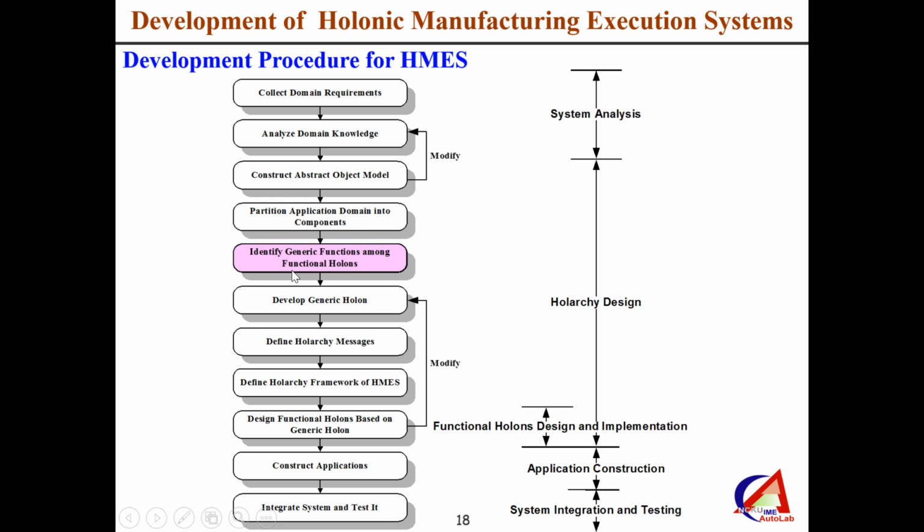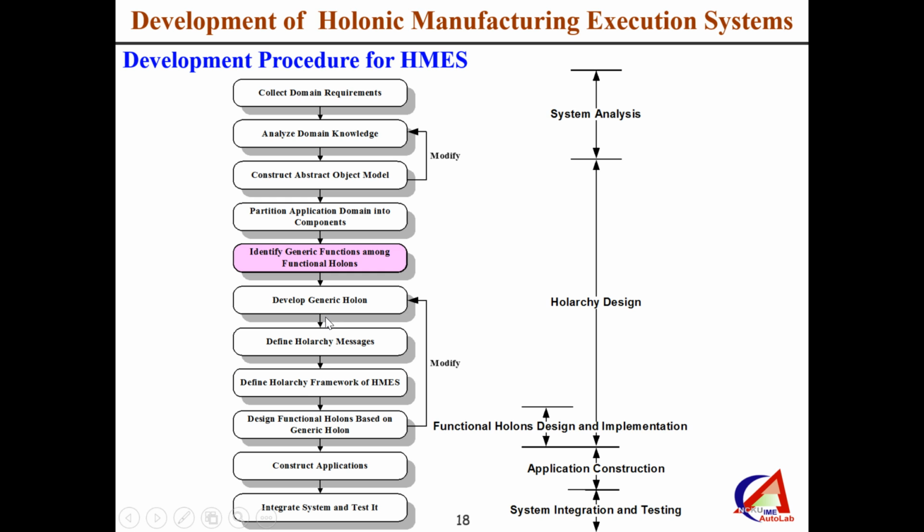So when we use the WIP Holon as an example, we have 4 functions. For example, how to construct the CORBA backbone, how to interface with the database, and how to do the security check. All of them are generic functions. And because you have already got the generic Holon, you just inherit it. Then that's it. After you identify the generic functions, you can develop a generic Holon.